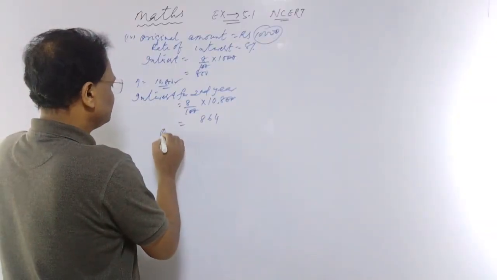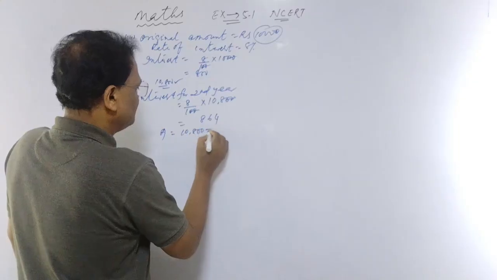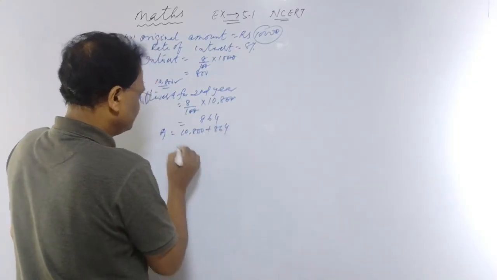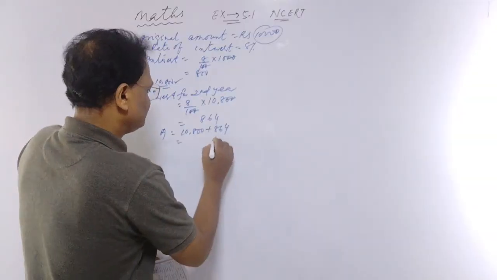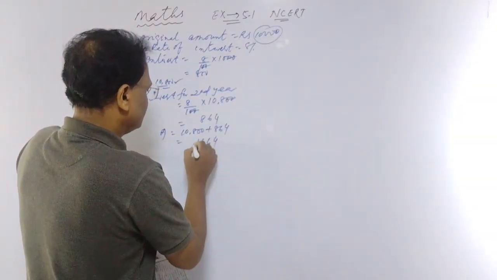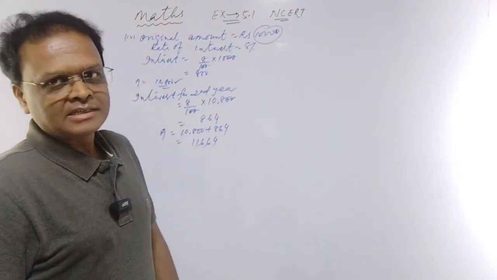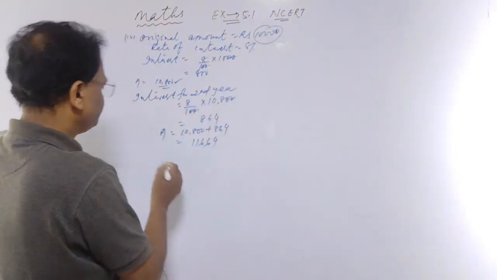Therefore the amount now becomes 10,800 plus 864, because this is the interest and it is compound interest. So I have to add: 4, 6, 11,664. This is the amount. Now let me find the interest for the third year.